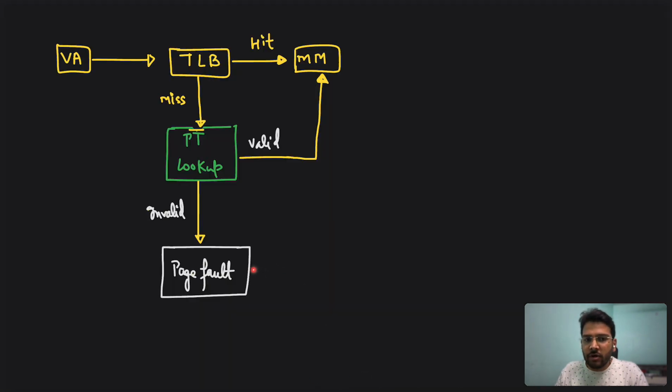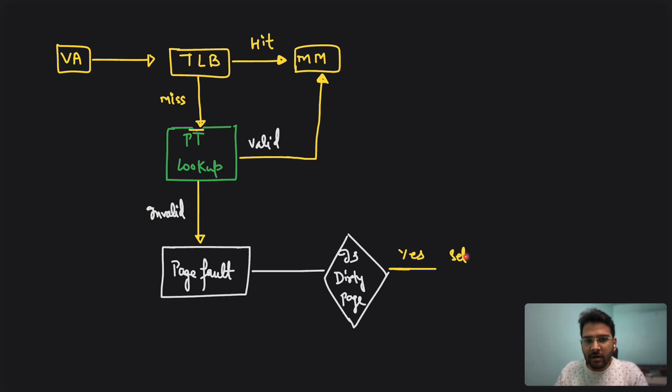So if it is a page fault, out of the total page faults, for 20% we are going to check whether it is a dirty page or not. If it is a dirty page, then you say yes, it is a dirty page.